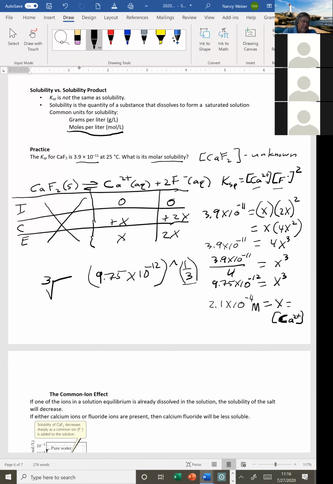But I think if you get molar solubility, you're doing just fine. This to me is a little easier than the acid base calculations. I don't know, you may not find it that way, but to me it seems more straightforward for right now.